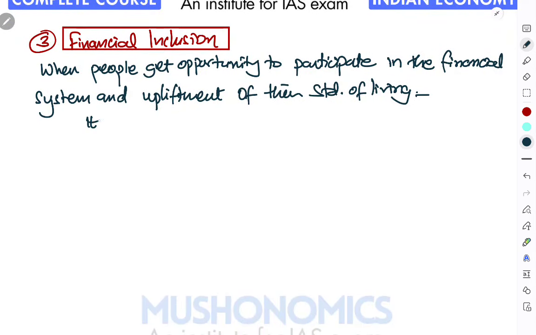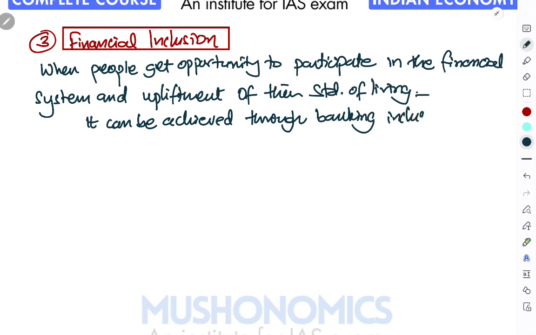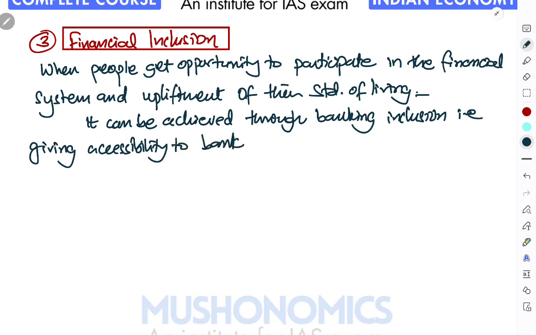It can be achieved through banking inclusion, that is giving accessibility to a bank account for all. That is why inclusion, a bank account for all. Example, we are having Jan Dhan Yojana.